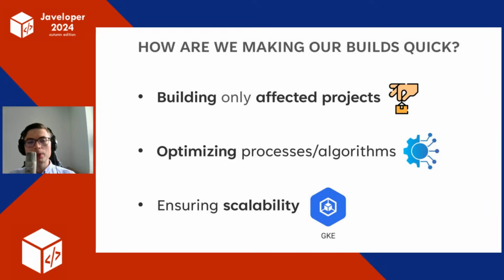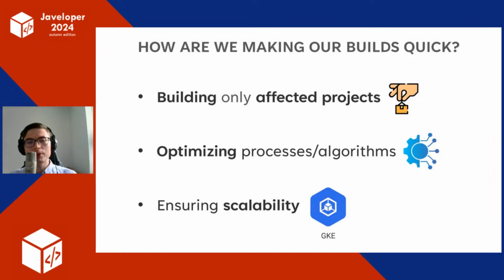It is necessary to have some mechanism of building only affected projects. The naive approach is to build everything as you start the monorepo, but as you scale up, you will have to find a way to build only affected projects. But the tools like Bazel have some mechanism to determine that for every commit, for every change, you are able to determine which projects were affected.